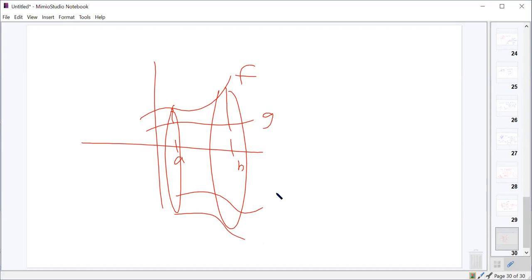And so in that case, since the region is not fully pushed up against the axis that you're revolving around, you're going to do pi times the outer radius squared minus pi times the inner radius squared.